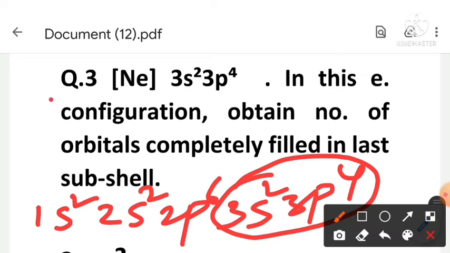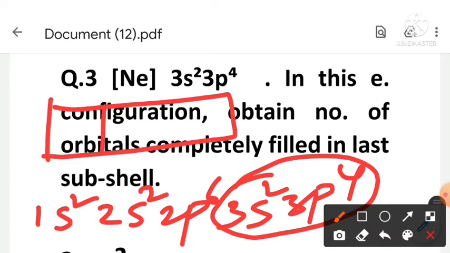So first we draw the orbitals of p. Now we number them 1, 2, 3. Here 4 electrons. Now in this way we have to observe which orbitals are filled and which orbitals are unfilled.